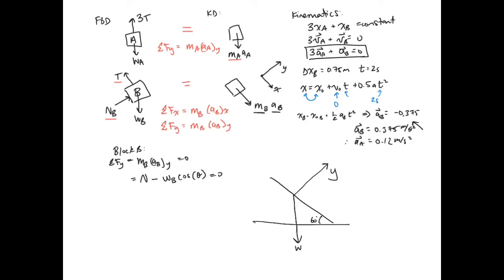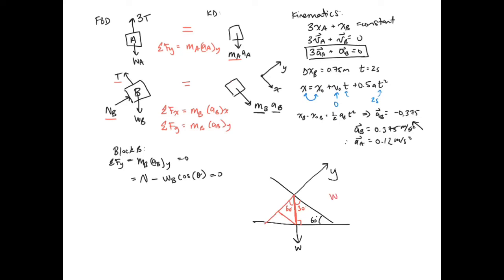If we draw a triangle, we'll extend the direction that we need to project on, and this is the weight that we're trying to project. We'll make this weight our hypotenuse, which means we'll connect our triangle here. If this is 60 degrees and this is 90, that means this angle is 30 degrees, and that means this angle is 60 degrees.